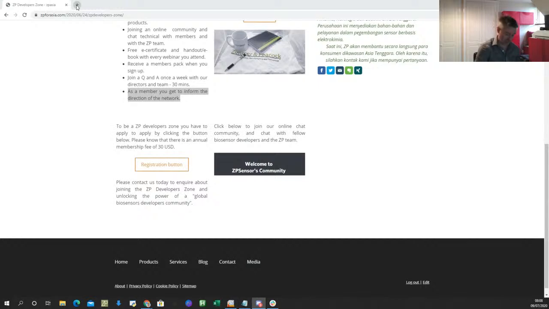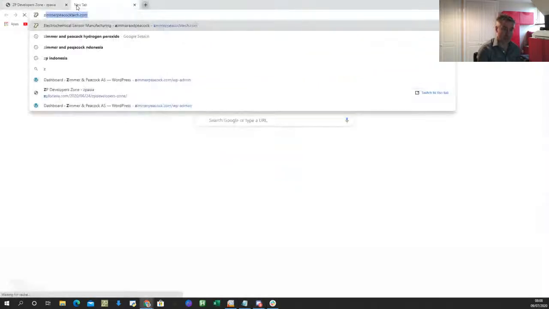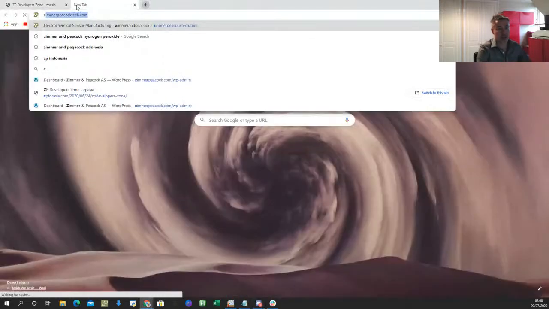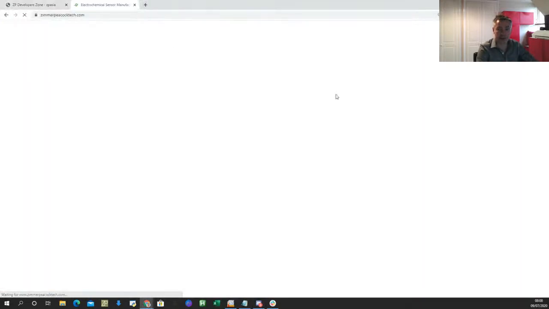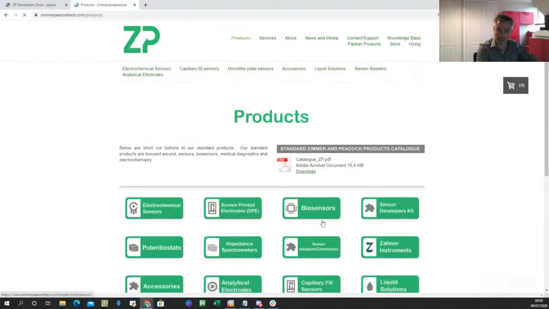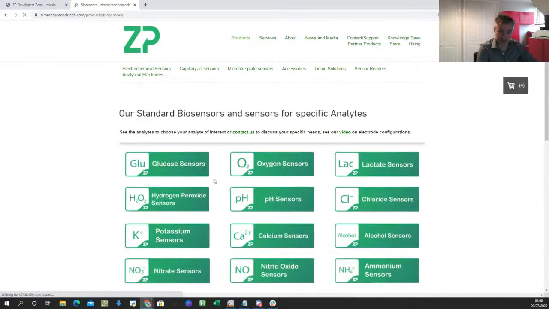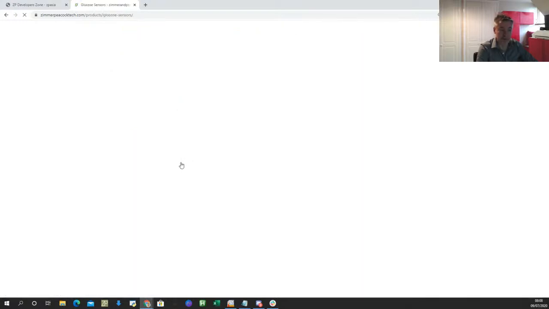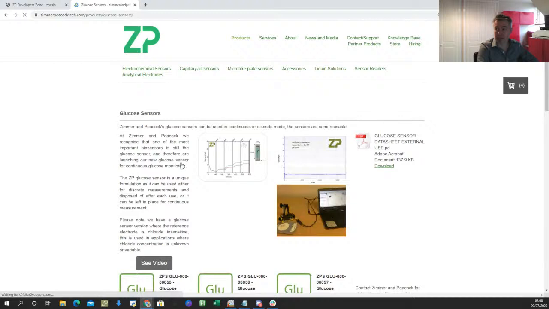So let me backtrack a bit and talk about what we talked about in the last presentation. I will use the example of glucose sensors. If you go to our website and you go to biosensors, you'll find, for example, that we've got glucose sensors. And I encourage many of you to have a go at developing your own glucose sensor.